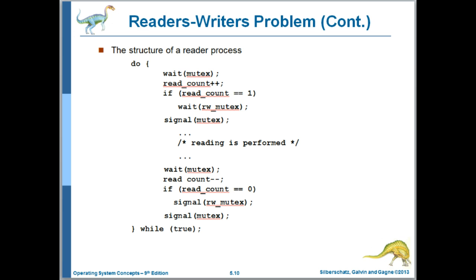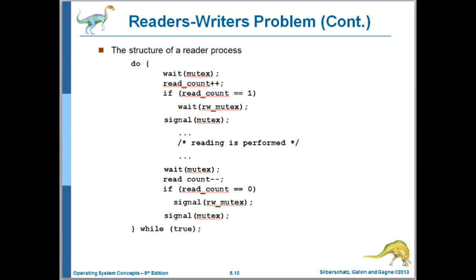So it won't be the case that we have two readers trying to acquire the read-write mutex. But as soon as we release the mutex and begin reading, the next reader in will acquire the mutex, increment the read count, but now it'll see the read count is a value greater than 1. So it won't try to perform the wait on the read write.